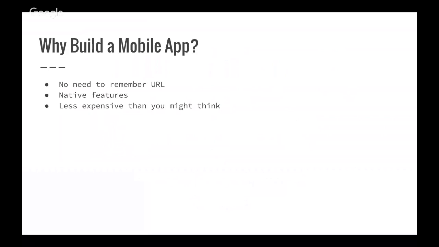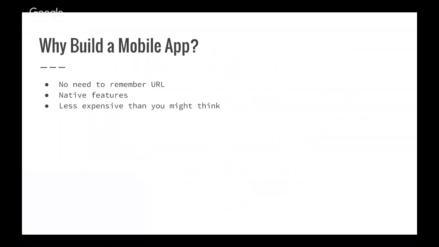Another reason why we might want to build a mobile app is if we want users to be able to use native features. So for example, we want them to use native sharing, like we want them to be able to share their content via text message or via Facebook or Twitter. Some of those you can do from a website, but some of them you can't.